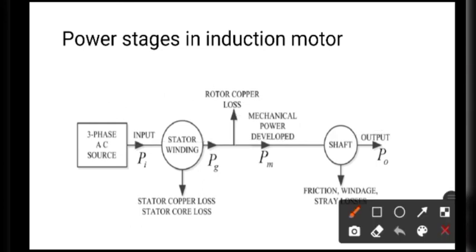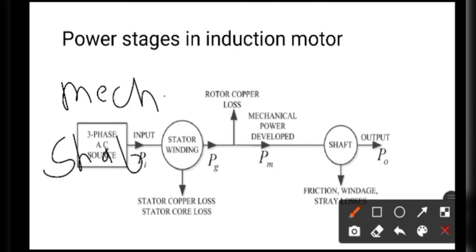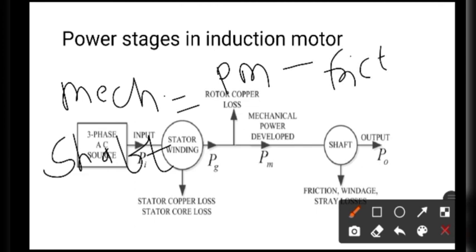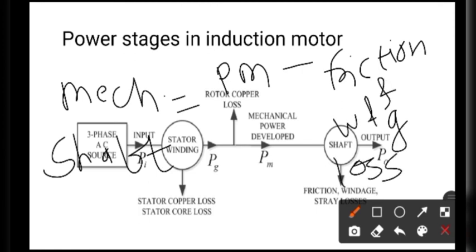And now the next formula is mechanical power available at shaft, which is equal to the mechanical power developed in rotor, that is PM, minus friction and windage loss. So these are the formulas which are used in the numericals. So remember these formulas.